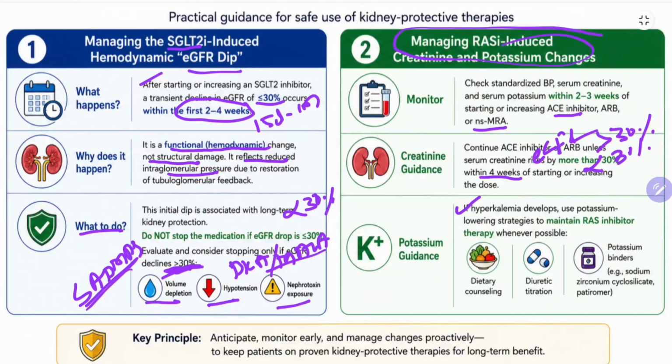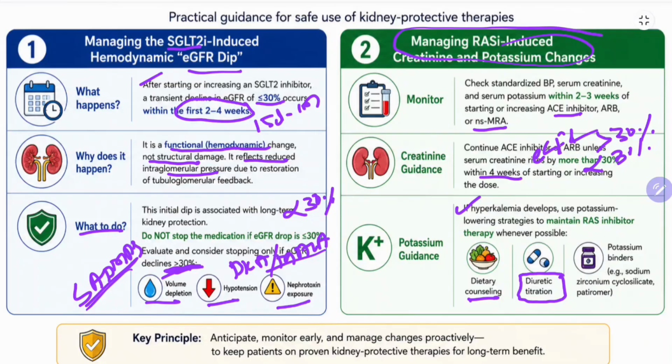Don't stop the RAS inhibitor directly, but instead implement strategies to lower the potassium, like dietary counseling with a low potassium diet, or you can give diuretics, or if the patient is already on diuretics, you can titrate the diuretics.